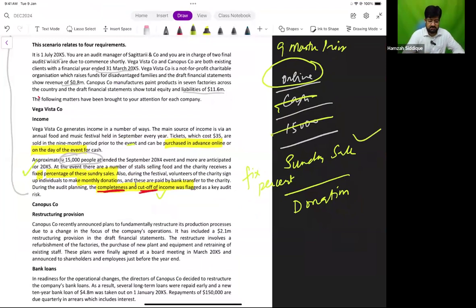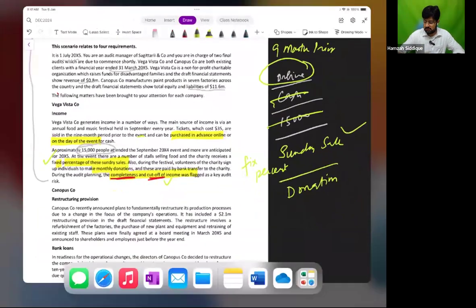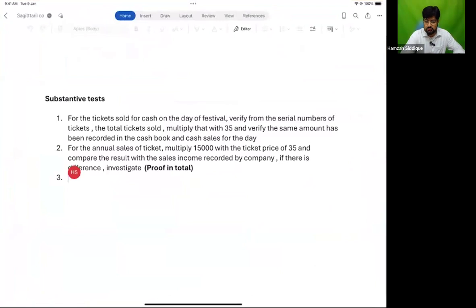Now come the sundry sales. So for this sale, they get a fixed percentage of sales on the stalls.